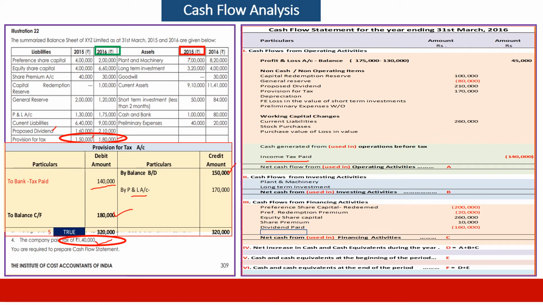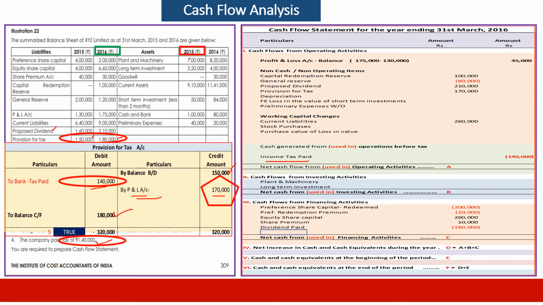When we relocate, we show this as income tax paid 1,40,000. If 1,40,000 is paid, 150 is the opening balance and 180 is the closing balance, the difference has to be debited from the current profit and loss account. Therefore, 1,70,000 is the gap.